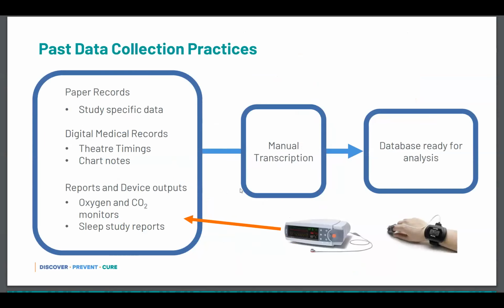So when we have a study, we're collecting data from a whole bunch of different areas. A lot of the time, at least in the past, a lot of the places we were collecting the data was on a paper record. So we would have a data sheet. The research assistants would go out to a family before they went into surgery, and they'd be circling: did you have a cold in the last 2 weeks?